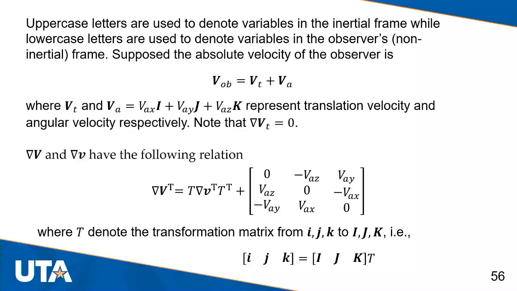We assume the observer is a non-inertial observer, and suppose the observer is moving like this. So this is the total velocity of the observer, the absolute value, the velocity in the inertial frame, and the observer is doing translation and rotating, right?